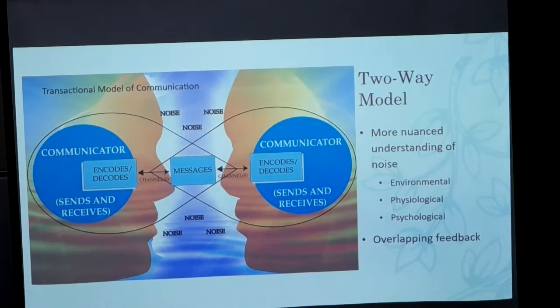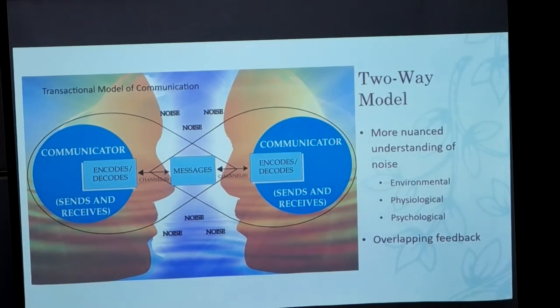Thus, there is no delay in acting as a sender or receiver, but rather both parties communicate at the same time. Lots going on here. We go from a relatively simplistic model to one that is basically continuous, and it's not just going in one way, it's going in both ways.